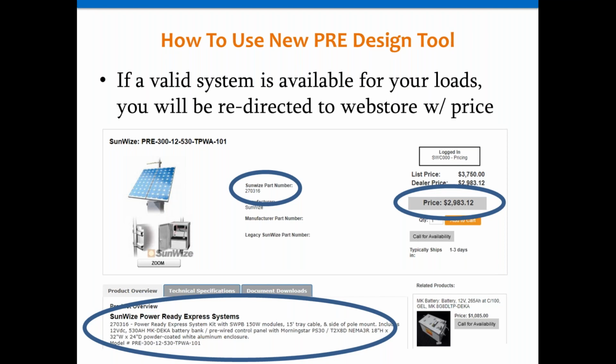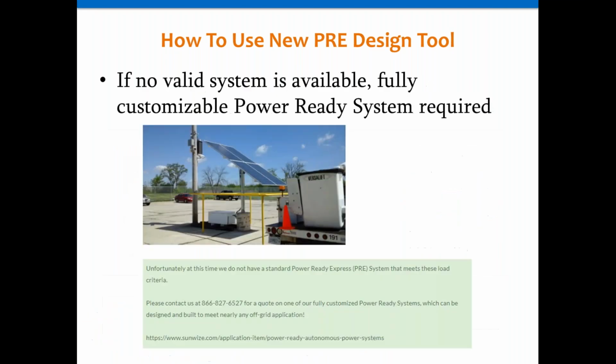You can order it online through the web store 24 hours a day, anytime you want. You will get order acknowledgement and all the other associated information you would get by ordering any other products on SunWize Connect.